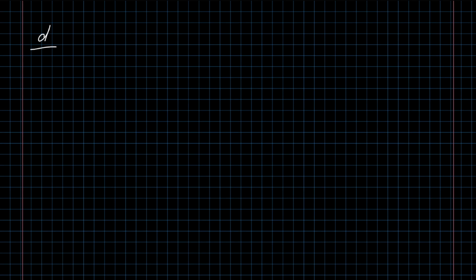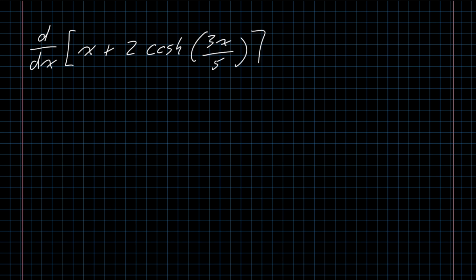I guess the things that can get a little bit interesting are when we have expressions going on inside. So for example, if I want to take the derivative of x plus 2 cosh of 3x over 5, same rules of derivatives that we are accustomed to. This shouldn't be too difficult. Derivative of x is 1. Then we have a 2. Derivative of cosh is sinh.